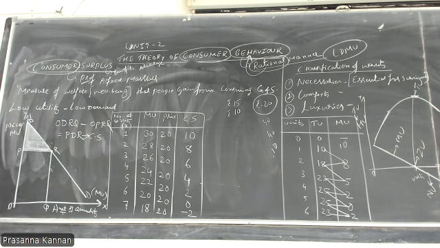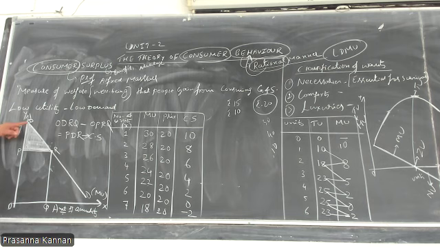What did I say in the definition? It is the difference between what the consumer is willing to pay and what he actually pays for the commodity, and the remaining part which is shaded in the diagram is what? His surplus. So that much amount he can save. What is that area here?